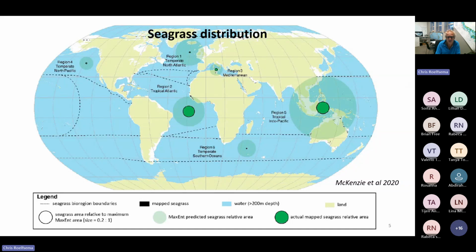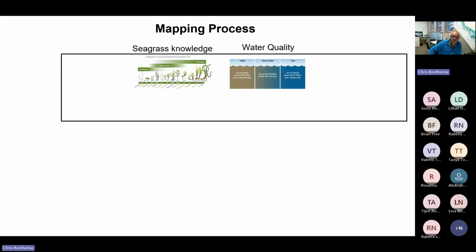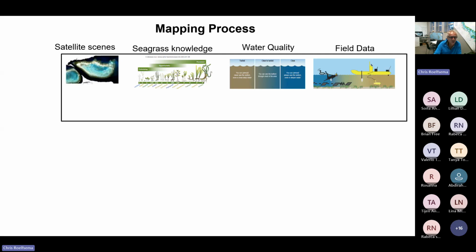And you can quickly see from here that there are more areas that need to be mapped sufficiently to provide enough information for management. Now, in this mapping process, we use our knowledge of where we can find seagrass. We use knowledge about the water quality. We use satellite imagery and field data to help calibrate and validate by creating reference data sets.